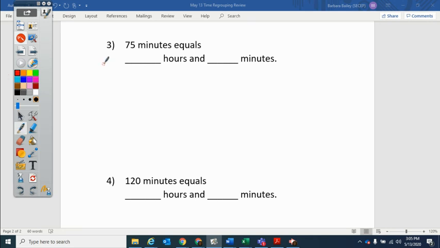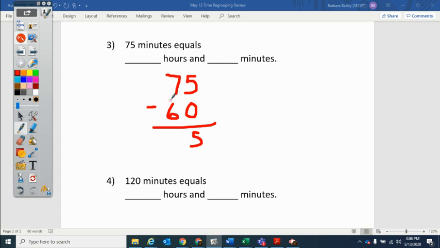Okay, we know that 75 minutes is more than 1 hour, so we can regroup that into hours and minutes instead of just minutes. So I'll start with 75 minutes, and I'm going to subtract 60. I'm using 60 minutes because 60 minutes is 1 hour. Okay, 5 minus 0 is 5.